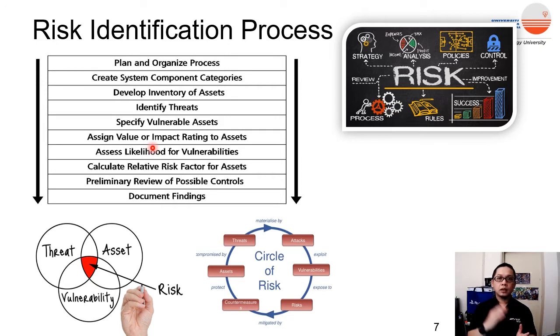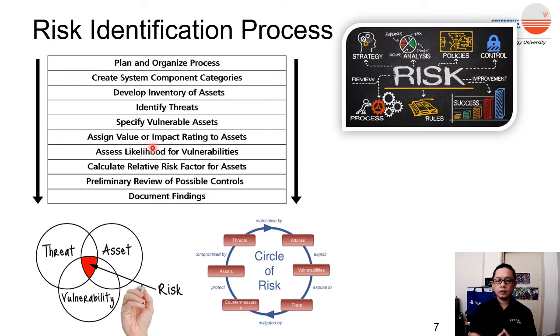The same thing, give proper ranking to the threats related to the asset that you want to protect, and then you assess the likelihood of the vulnerabilities that could contribute to the loophole or weaknesses of the asset, and then calculate the risk factor based on the probability of the threat that could come from the vulnerability that you have identified.